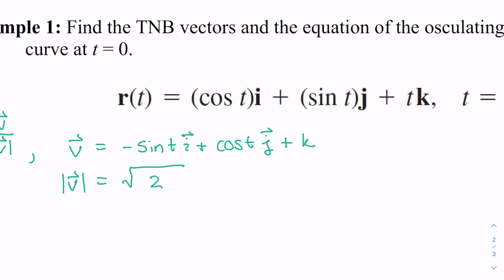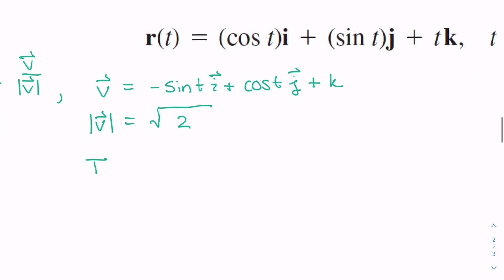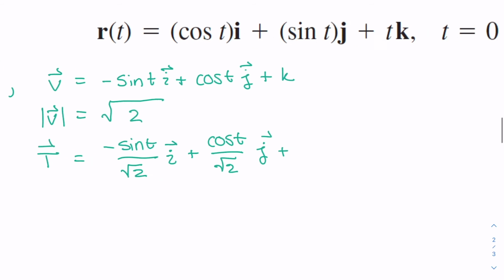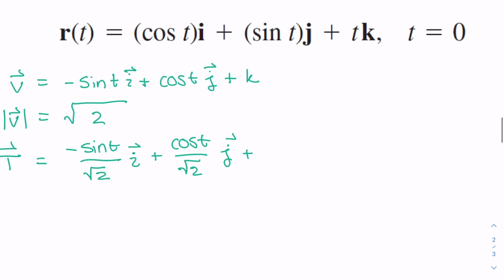So that's the square root of 2. And so we know the T vector, the unit tangent vector, is going to be the first derivative divided by its magnitude. In this case, it will be negative sine t over the square root of 2 i plus cosine t divided by the square root of 2 j plus 1 over square root of 2 k.